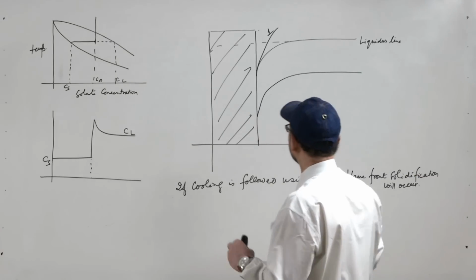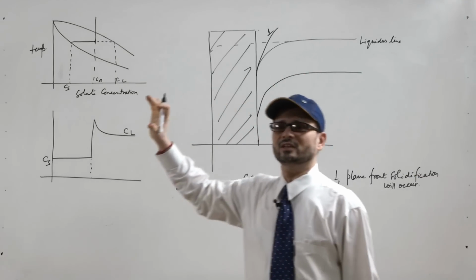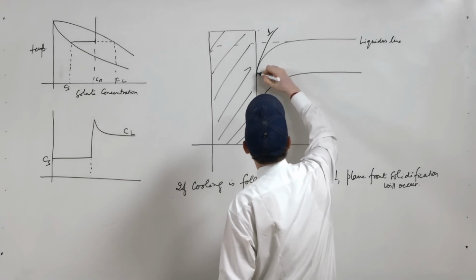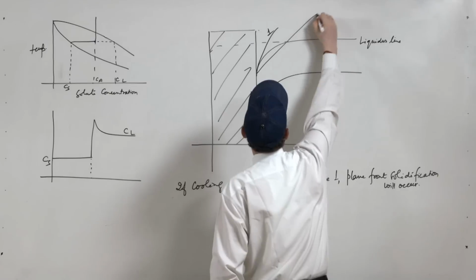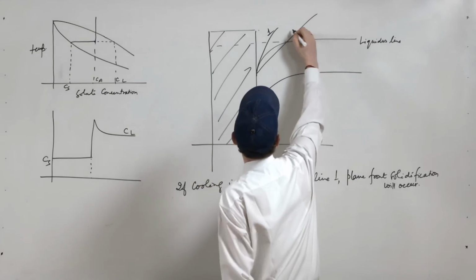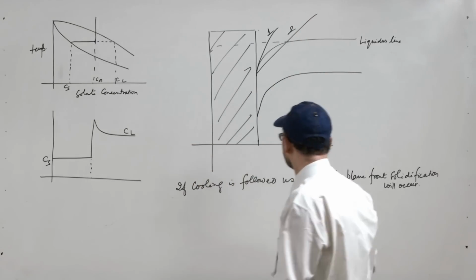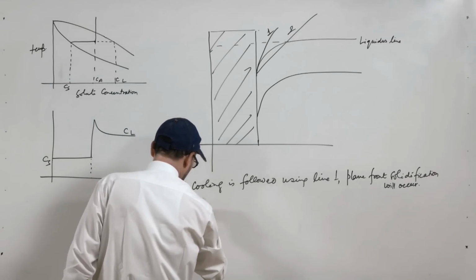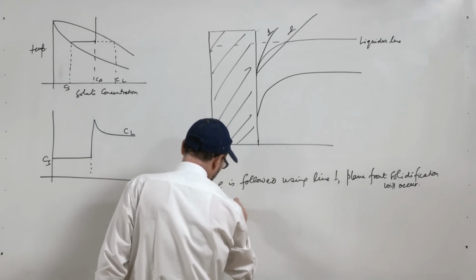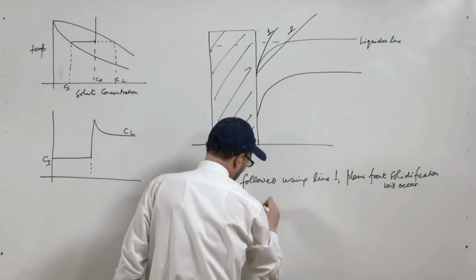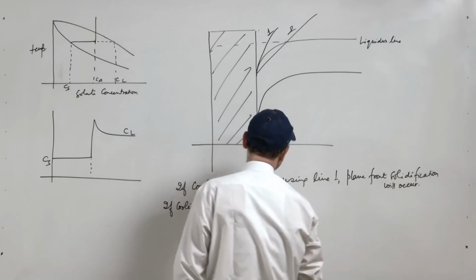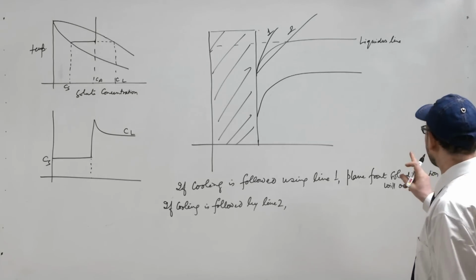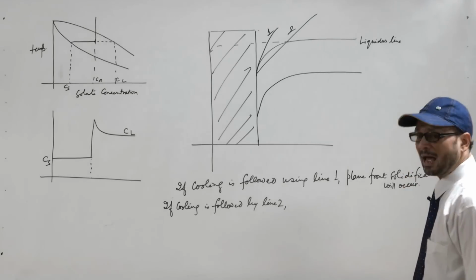But getting this rate of cooling is not always possible. So, if you are providing a cooling like this, so if cooling is followed by line 2, then what may happen?